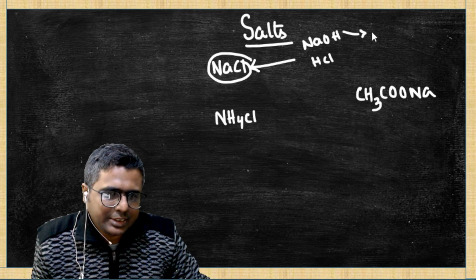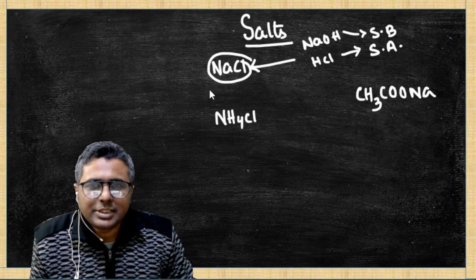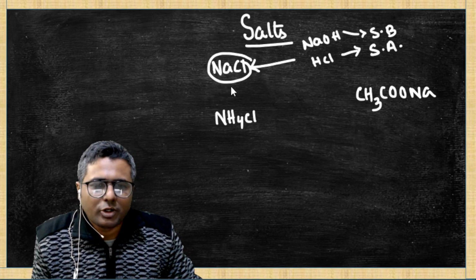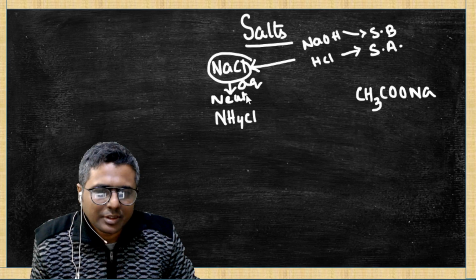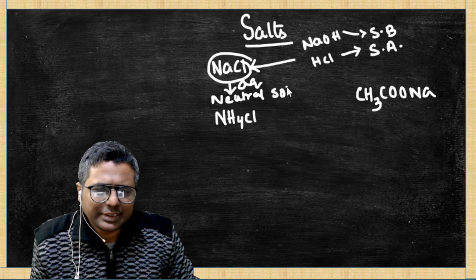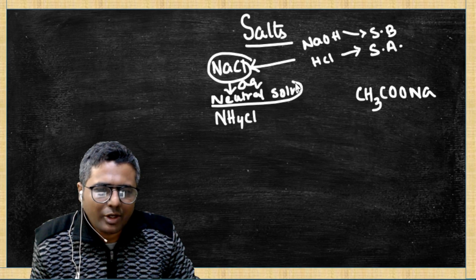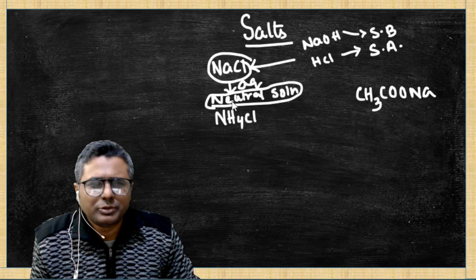NaCl comes from NaOH and HCl. NaOH is a strong base and HCl is a strong acid. Whenever a salt comes from a strong acid and a strong base, and you put this salt in water, it will give you a neutral solution, because both get neutralized.